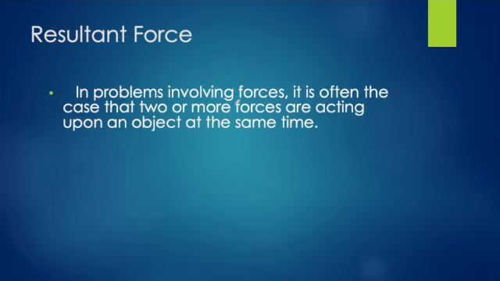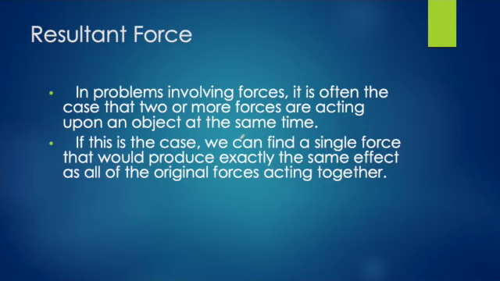When you have a resultant force, in problems that we're going to be solving, most of the time we have the case of 2 or more forces that are acting upon an object at the same time. So we will have that in some problems, okay?